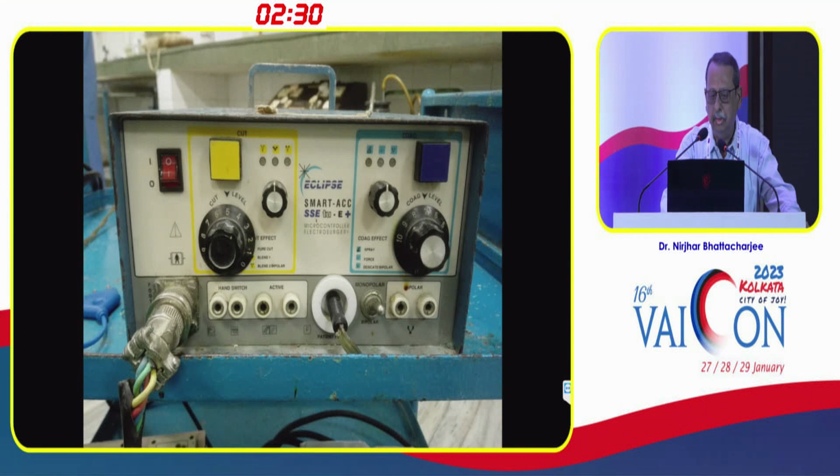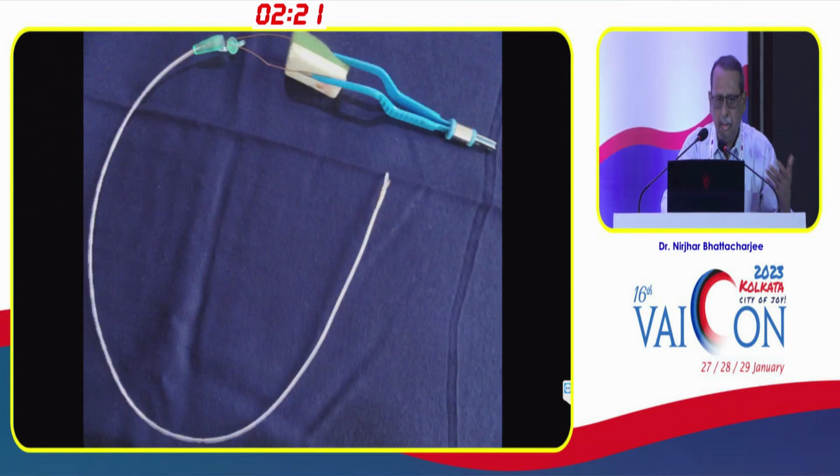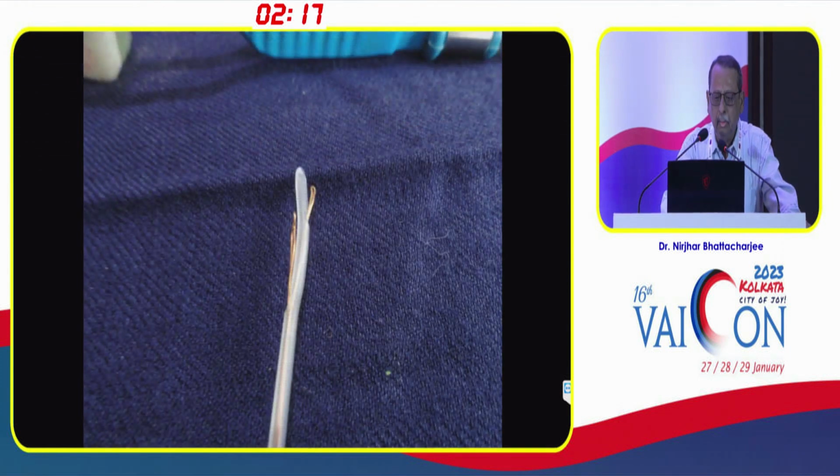See the diathermy machine, don't laugh, but it has got a bipolar option, of course. And this is my electrode, see how I have connected it. We, it's not me, my team. So, look at the tip, it's an infant feeding tube with copper wires coming out, and we can inject a little bit of normal saline through it while we are firing to facilitate the current conduction, you know.